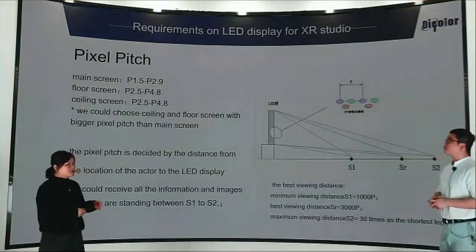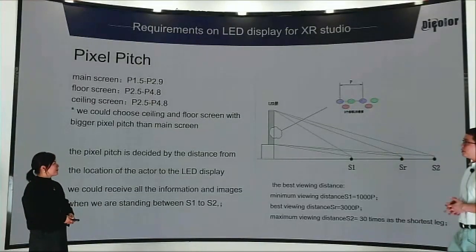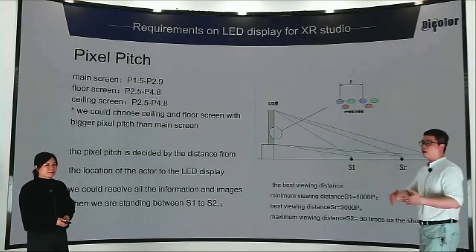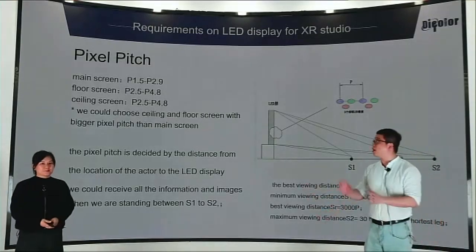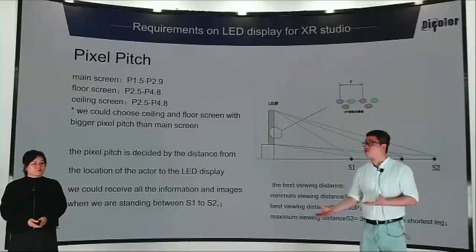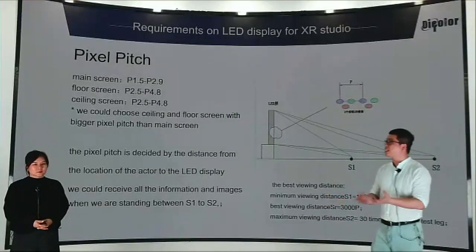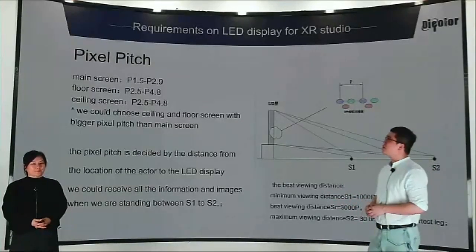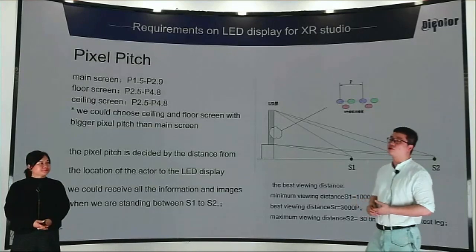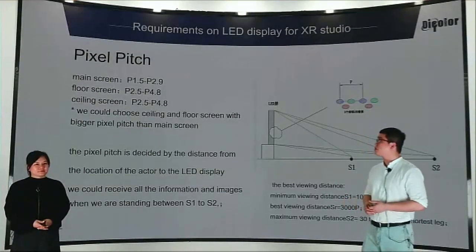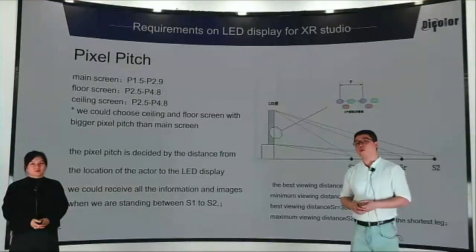So here comes the pixel required for the screen in XR Studio. The pixel pitch, normally, as we all know, we need 3 screens. One is main screen, one is floor screen, and one is ceiling screen to form 3D. And the main screen, normally we will use 1.5 to 2.9. And floor screen, normally we will use 2.5 to 4.8.